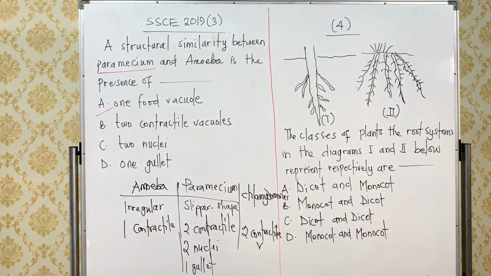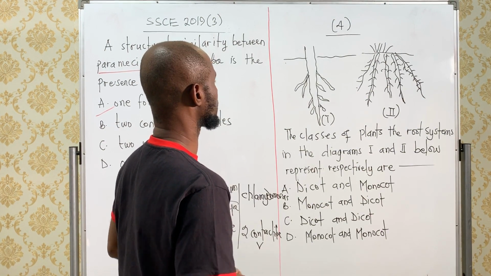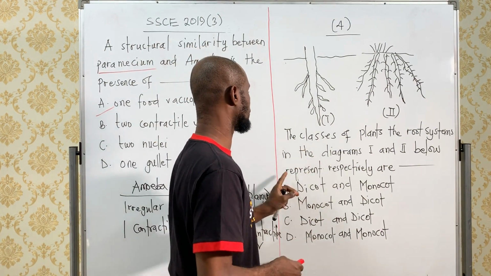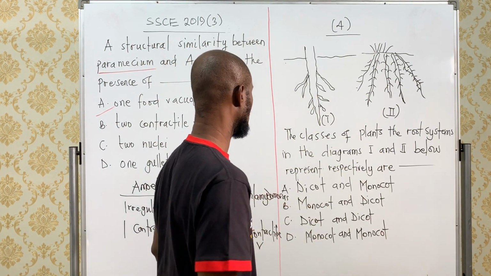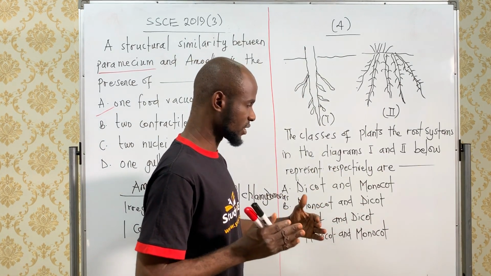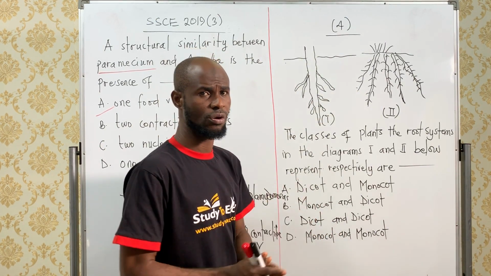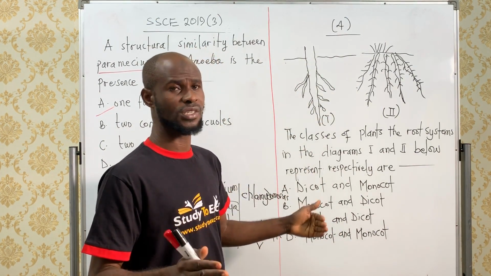We have the classes of plants. The root systems in diagrams 1 and 2 below represent respectively a dicot and monocot. So our answers are always between the monocots and the dicots. Let's look at the roots now. We can differentiate monocots and dicots in terms of their root system.